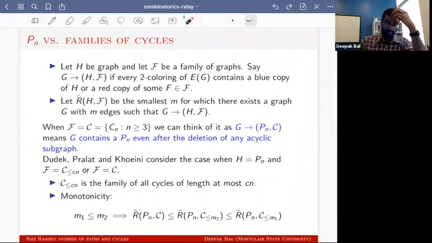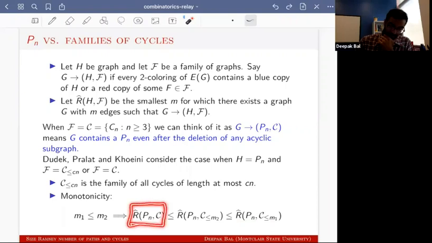So what does monotonicity give you here? If you consider the cycles of length less than Cn, the shorter the cycles that you forbid are, the weaker the condition.